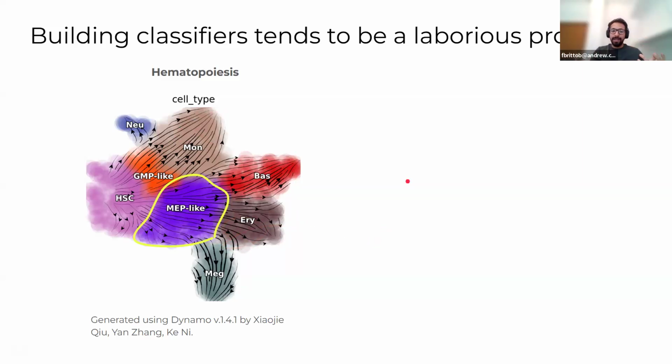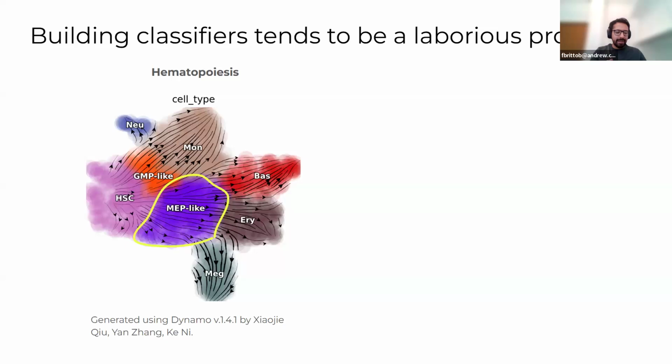A priori, we could do a differential gene expression analysis to know which genes are upregulated or downregulated in megakaryocytes and not present in other cell types, and potentially build a classifier using those. The dimensionality of the data in this kind of classification task would be between 10 and 15 genes, but I might be wrong.